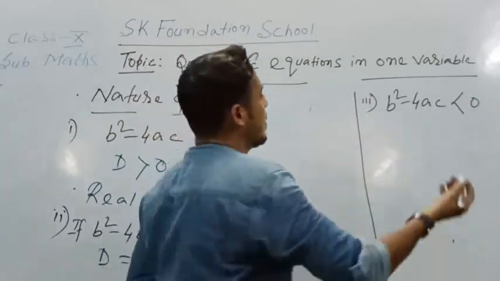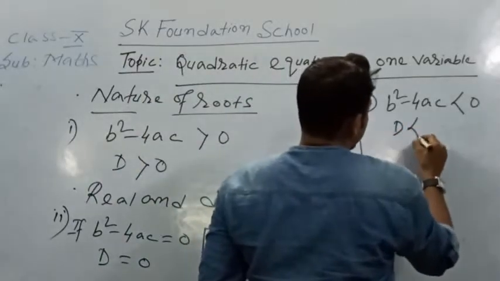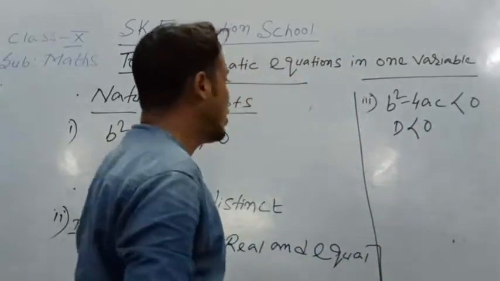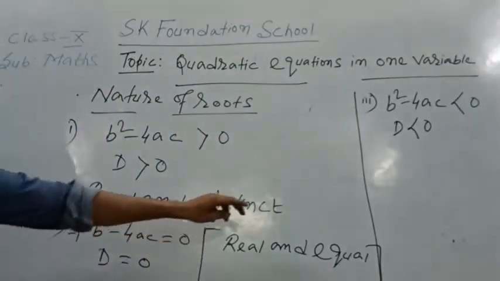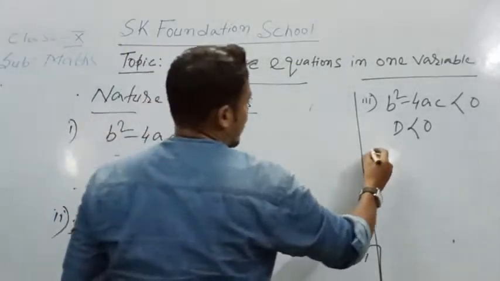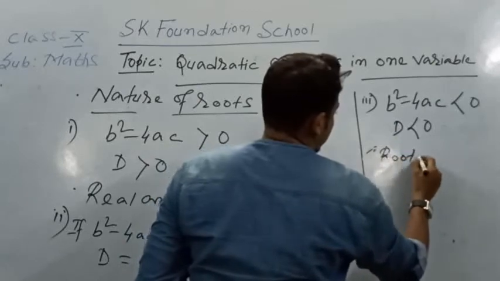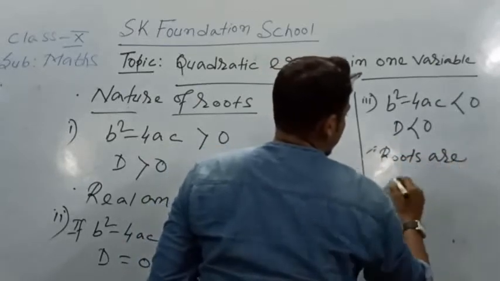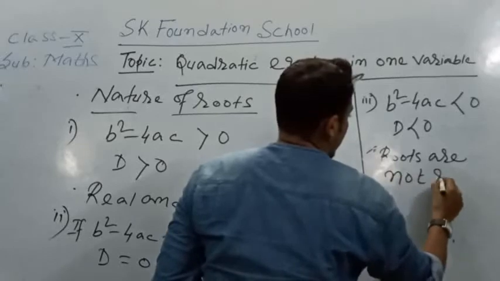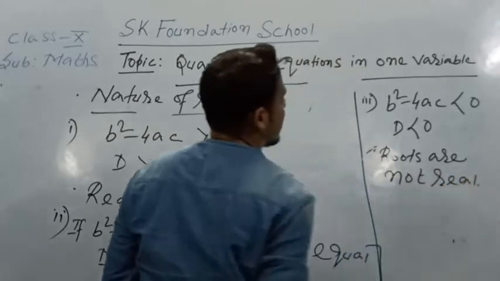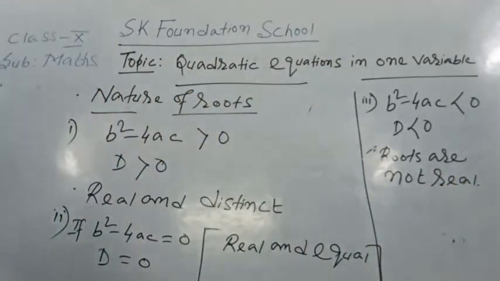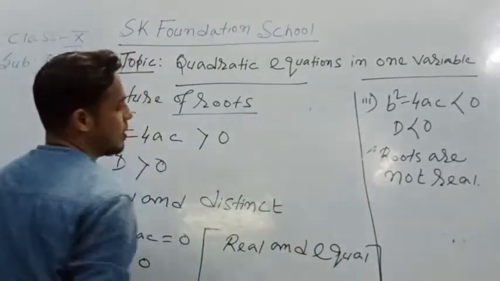That means D less than 0. So in the third condition, the roots are not real. So the nature of roots: the roots are not real.